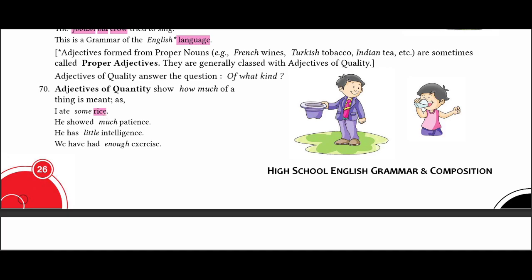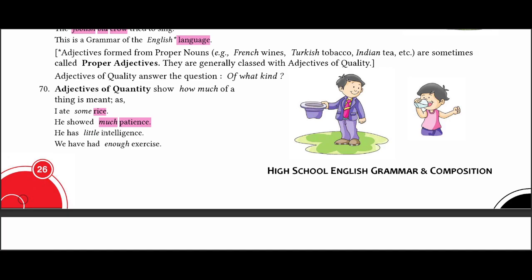Since rice is an uncountable noun, some is telling the quantity of the noun. Look at the second statement. He showed much patience. Patience is a noun and it is an uncountable noun. Much is telling the quantity of patience. How much patience? Much patience.